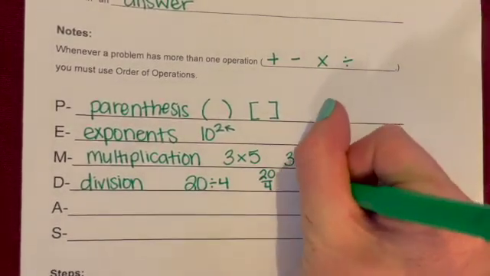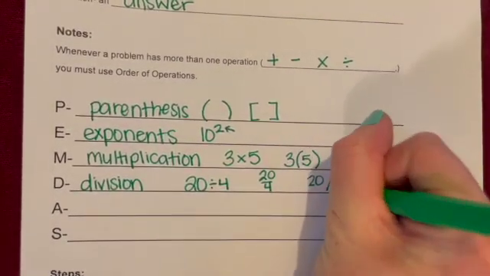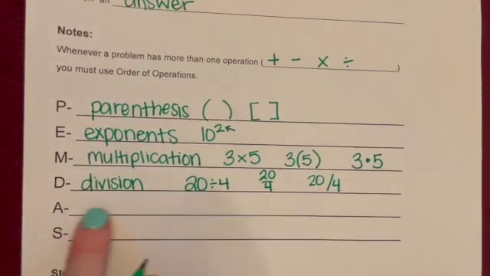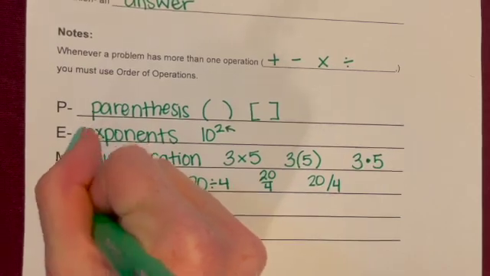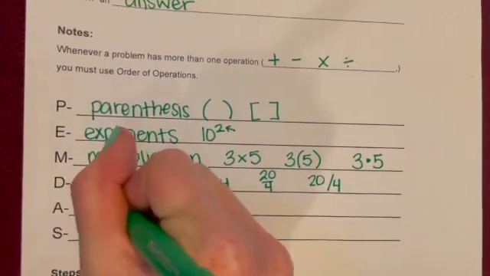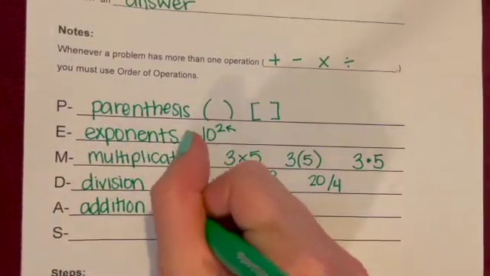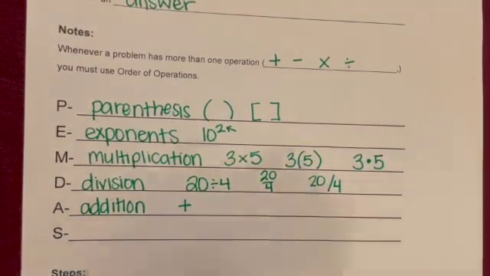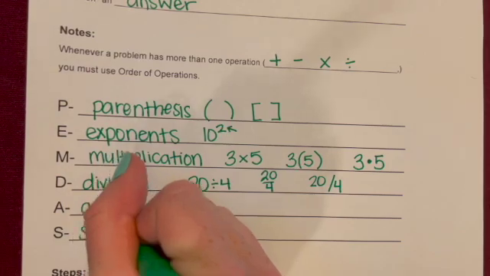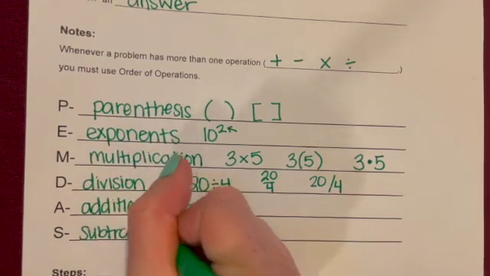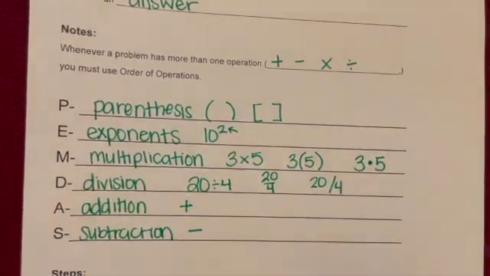And our fractions sometimes might look like this. By now you might be guessing what the A and the S are. A is addition, and we have our normal addition sign, and S is subtraction, with our subtraction sign.